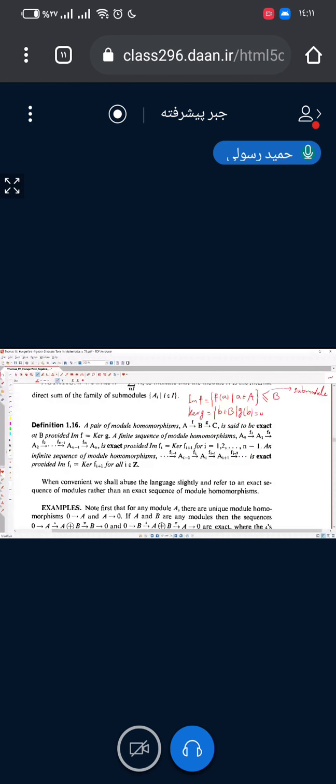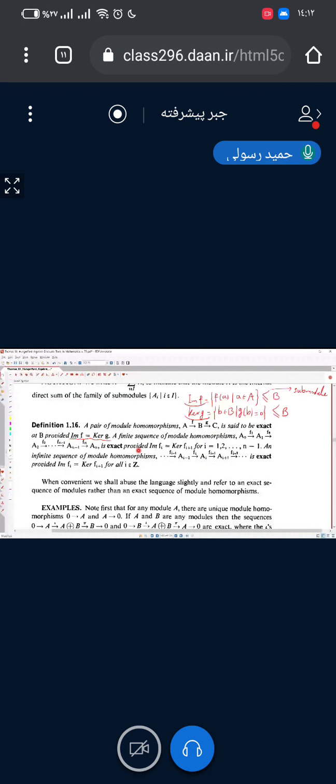When these two submodules coincide, image of F equals kernel of G, we say that this sequence is exact at B. Here we are going to generalize this notion for a family of homomorphisms.